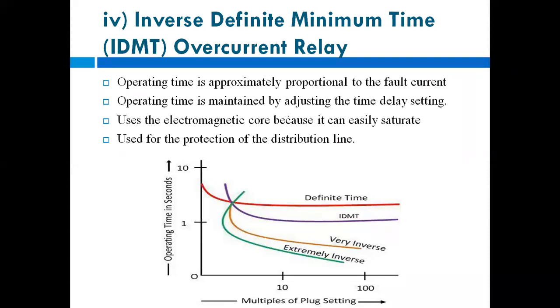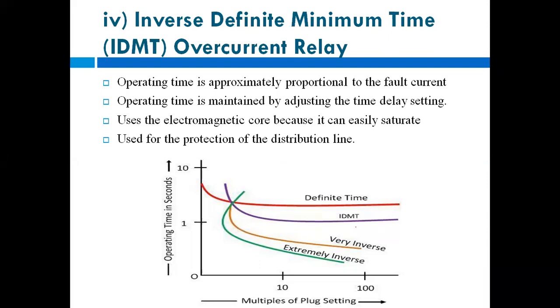Its operating time is proportional to the fault current. So if the fault current increases, the time required for operation of the relay will also increase. That is your IDMT relay, or inverse definite minimum time relay.